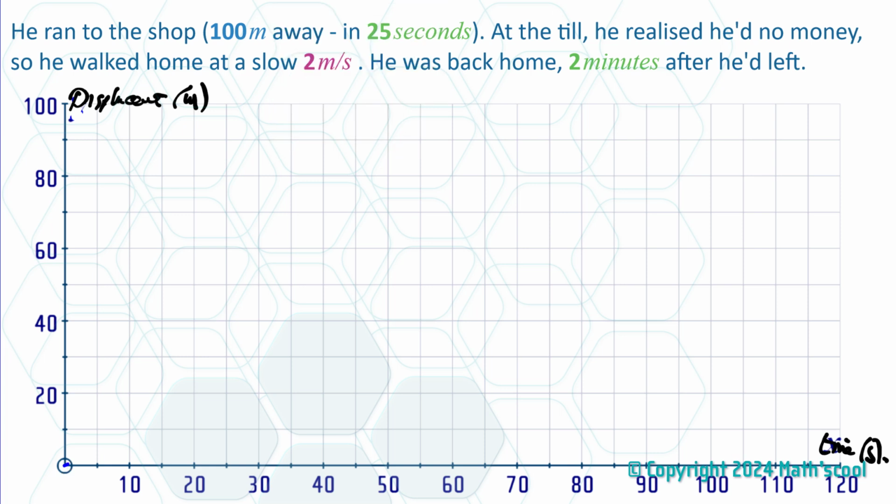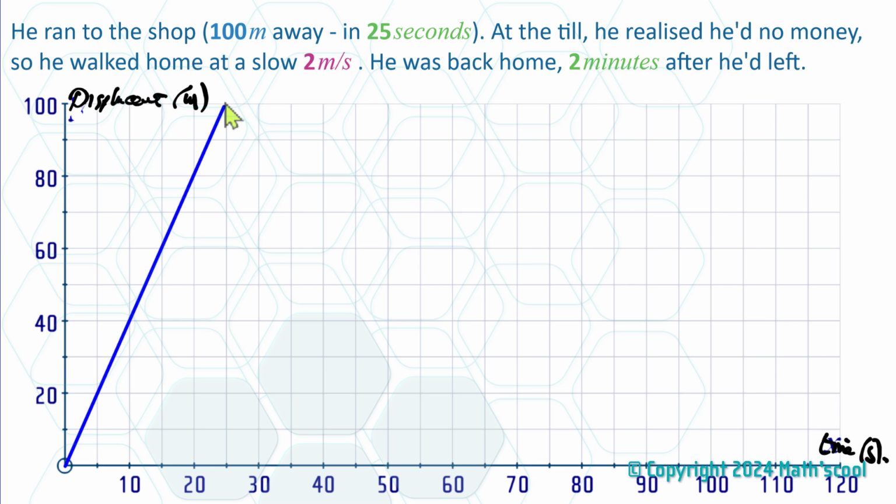So at t is 0, he's at home, and I'm saying at home is 0. But in 25 seconds, he'd got 100 meters away. So over 25 seconds, he'd moved 100 meters away.